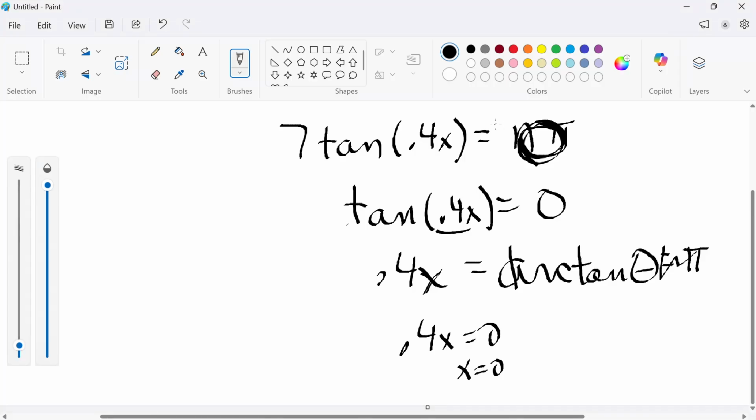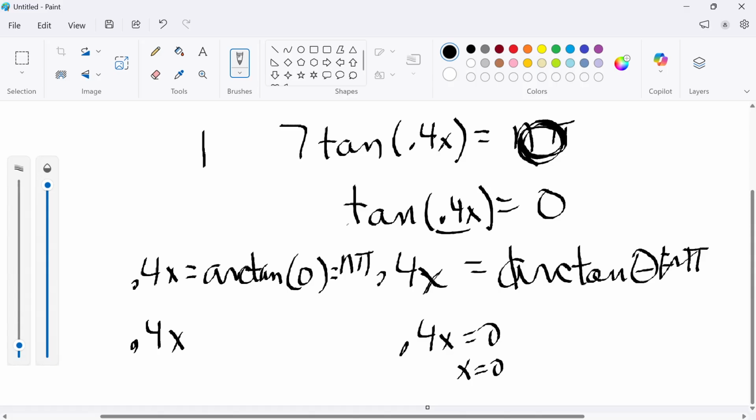So it is. Yeah, so it's 0.4x equals arctan 0. And arctan 0 is going to be, on the unit circle, 0, pi, 2 pi, which equals n pi. I wasn't doing anything wrong, I just wasn't thinking on the right line.